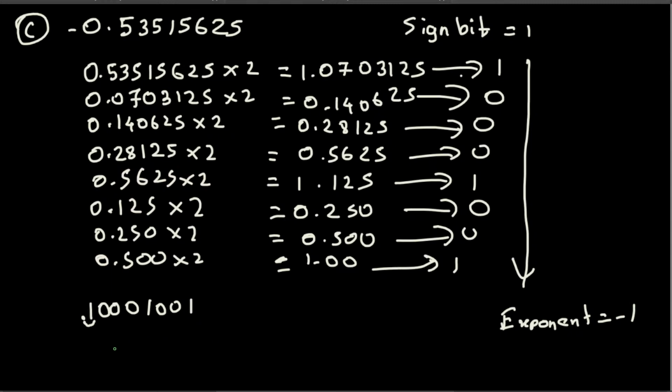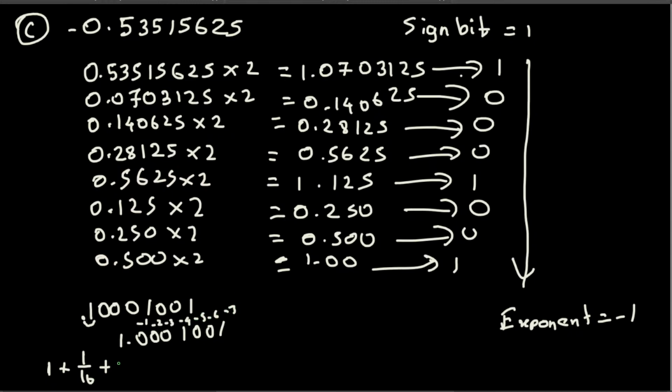Okay, and after we move, we are going to have this 1.001001, and we have to convert this one into decimal in order to express the mantissa. If I convert this one to decimal, the first value is at 2 power 0 location, so that's going to be just 1, and then plus, this is 2 power -1, 2 power -2, 2 power -3, 2 power -4. We have 1 at 2 power -4, that is equal to 1 over 16, and then plus we have -5, -6, -7.